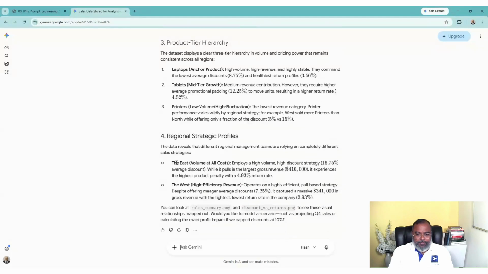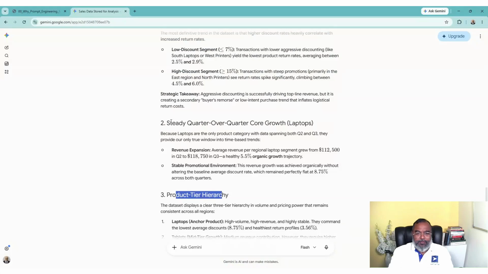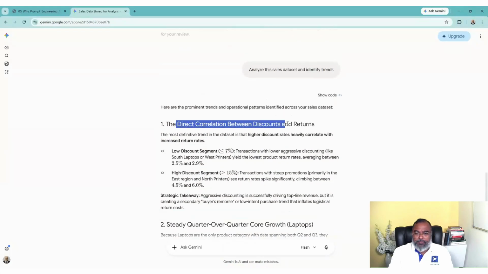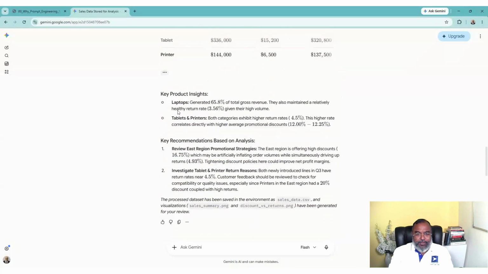Okay, so the regional strategic profiles. I got a product tier hierarchy. I got a steady quarter over quarter core growth, the direct correlation between discounts and returns, which was not there, right? It was pretty generic.